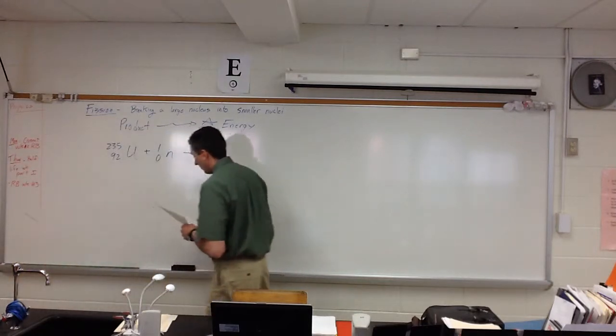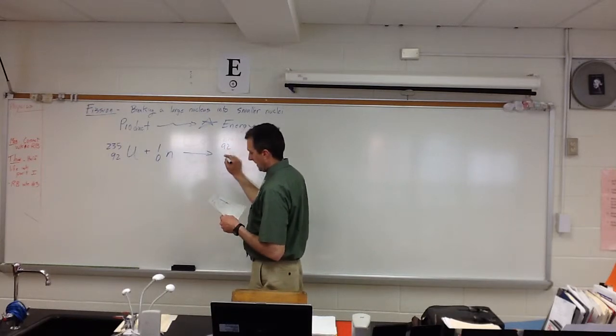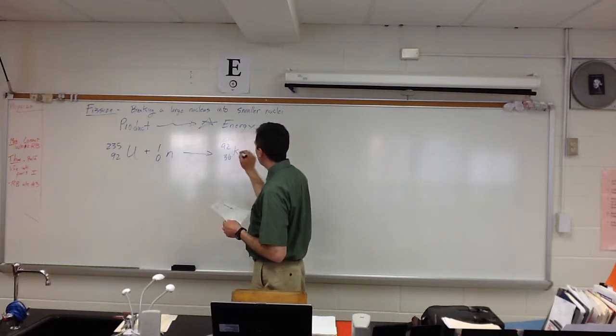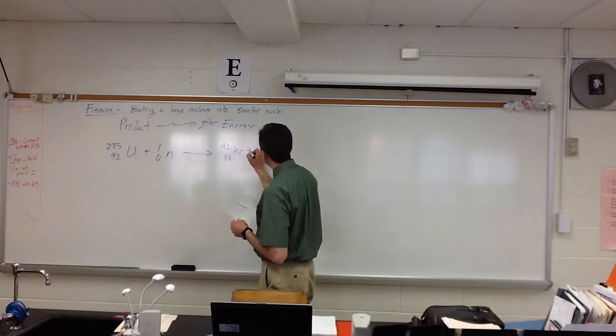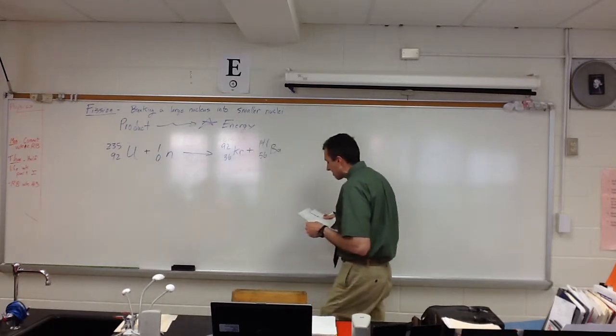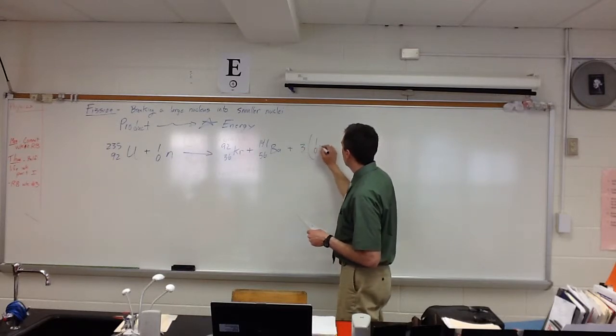What it's going to decay into is 92-36 Kr plus 141-56 Ba, plus you're going to get 3 more neutrons.